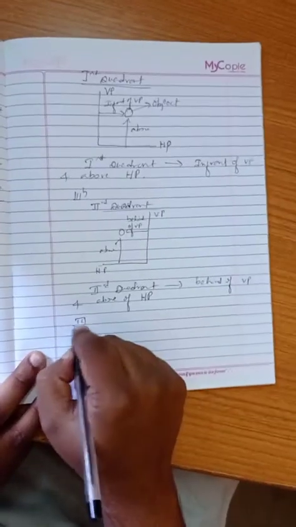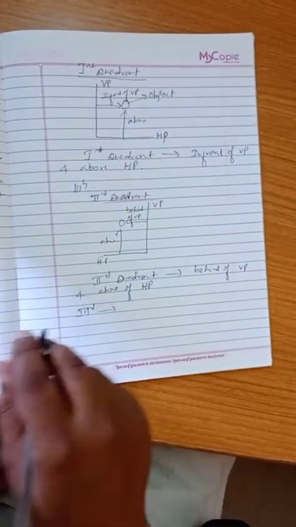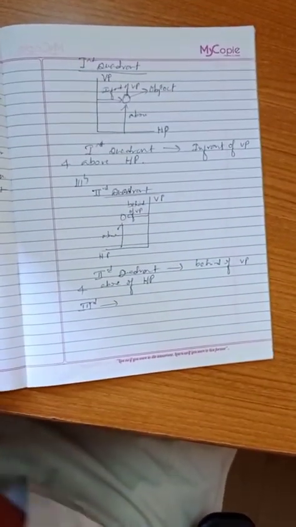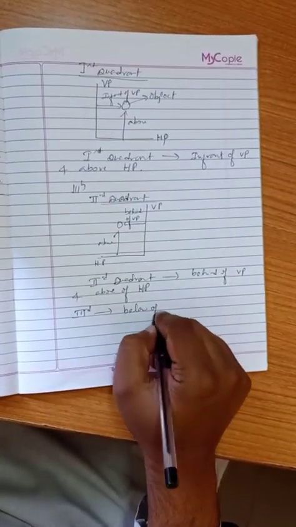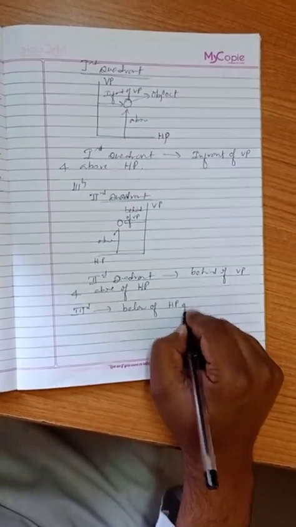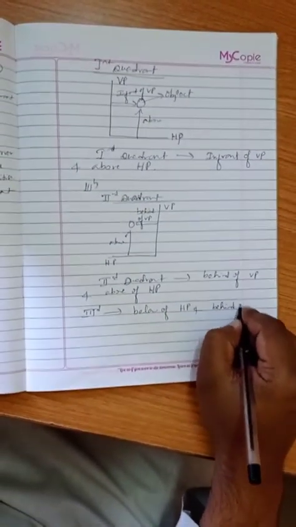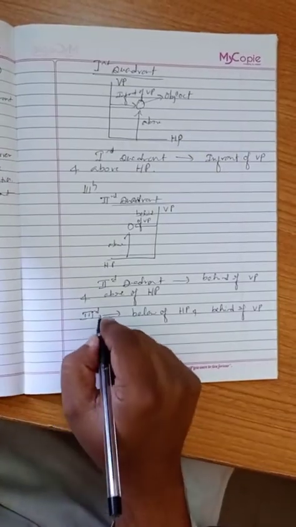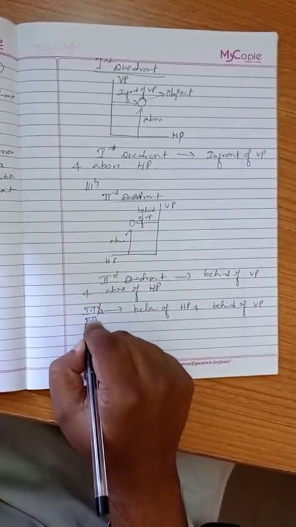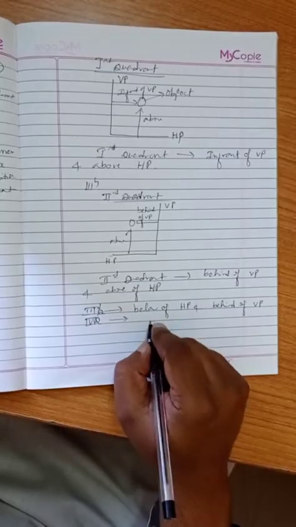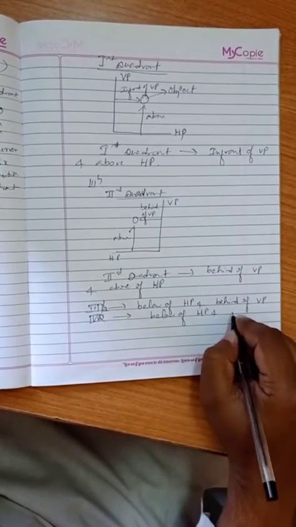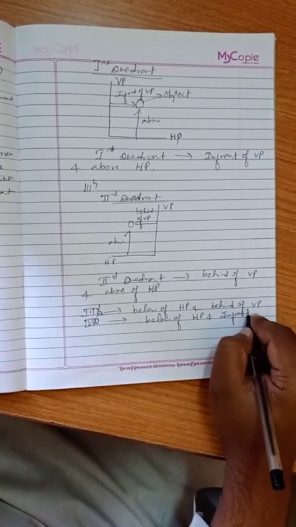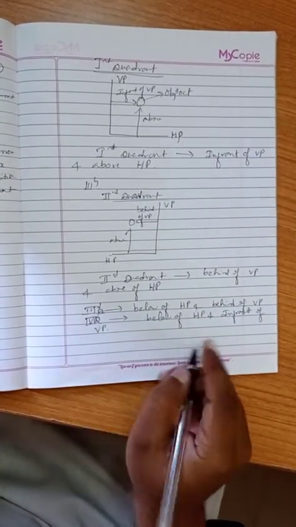Simultaneously we can write for the third and fourth quadrants. The third quadrant is nothing but below the HP and behind the VP. Similarly the fourth quadrant is below the HP and in front of the VP. This is all the definition of the quadrants.